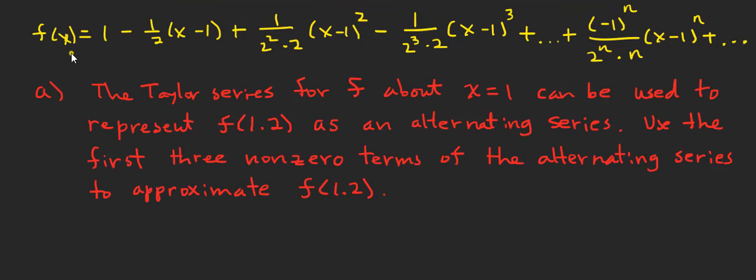Now we have f of x equals this power series right here. Part A says the Taylor series for f about x equals 1, now the center is at 1, can be used to represent f of 1.2 as an alternating series. Use the first three non-zero terms of the alternating series to approximate the actual value of f of 1.2. So first three non-zero terms are these three right here.